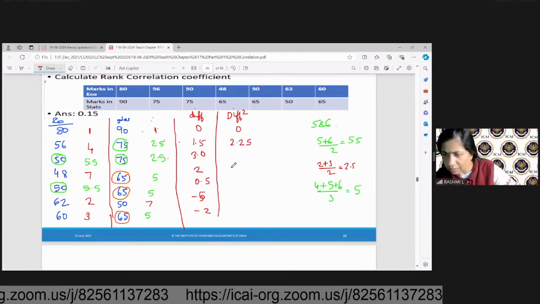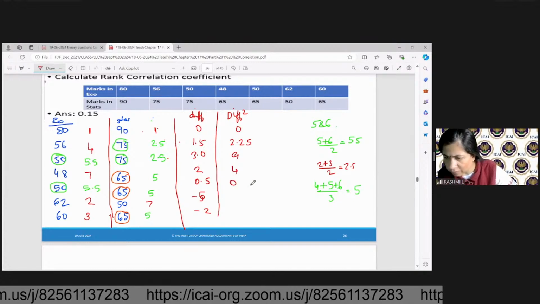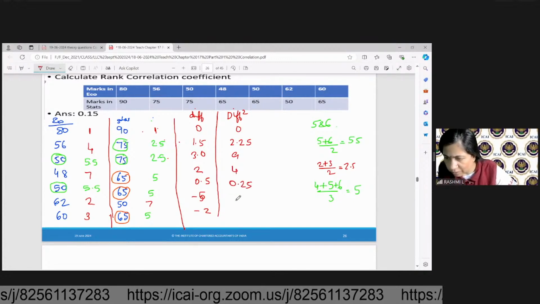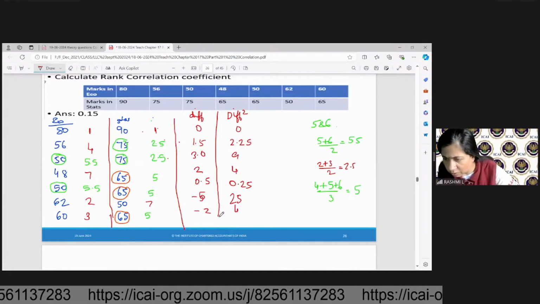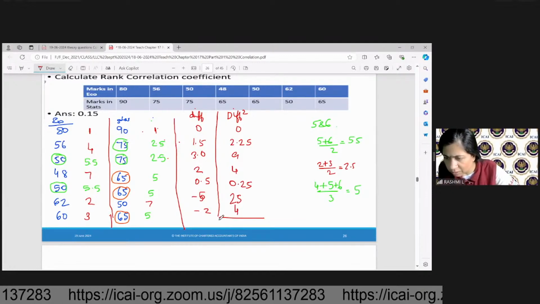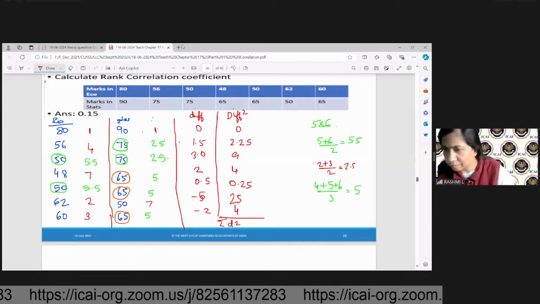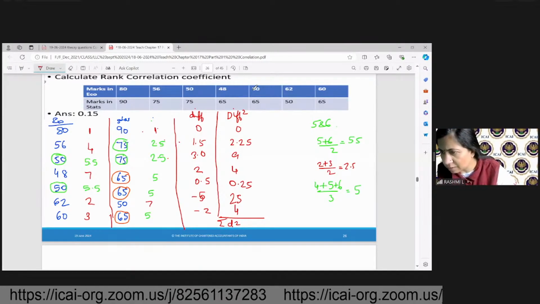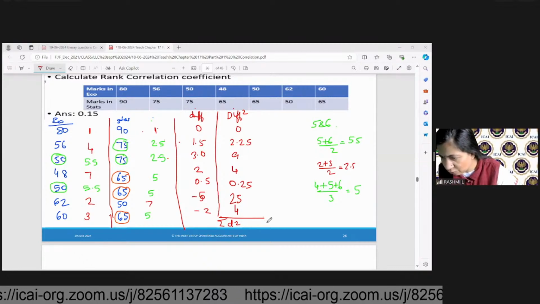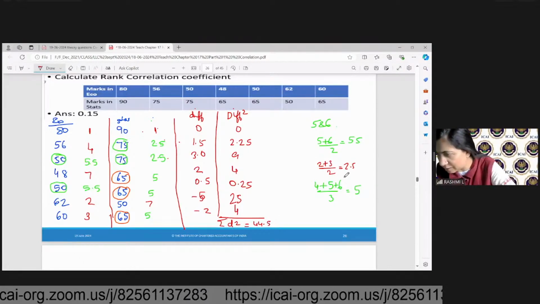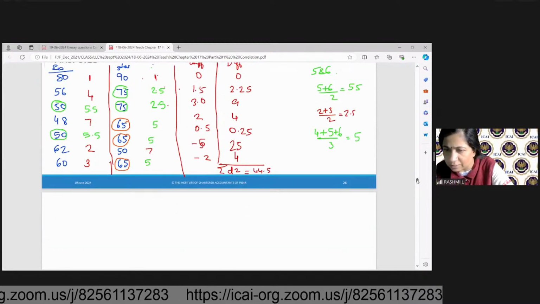This is 9. This is 4. This is 0.25. This is 25. And this is 4. Can anybody tell me the total? How much is summation d square? Yes, Kavya is saying 44.5. Yes, thank you.